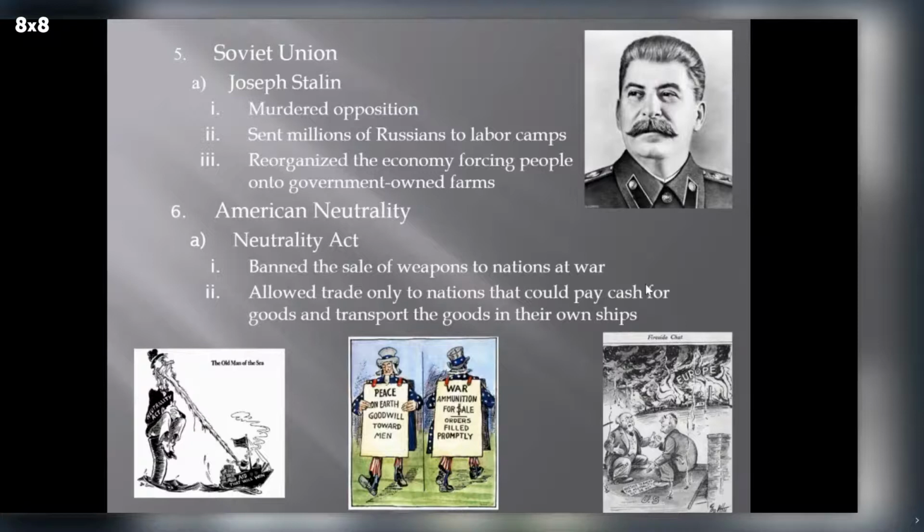Well, we said we're not selling stuff to you when you're at war, we wouldn't sell weapons, but we'd sell other things so that you could be strong enough to fight a battle. And then this cartoon says peace on earth, goodwill toward men, but we're going to sell war guns, orders filled promptly. And then this final one, we're just sitting. And meanwhile, Europe is burning down.